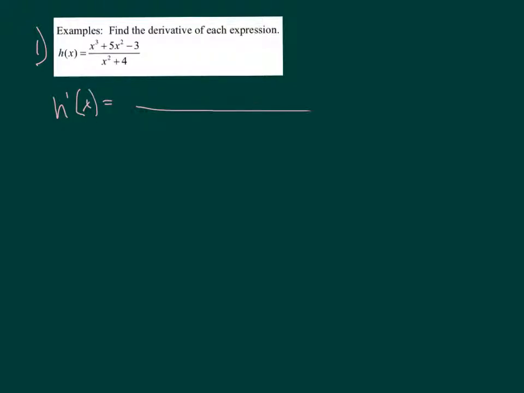All right, so now we're going to set up our fraction. And remember we said that the saying was low, so low here is x squared plus 4. D high, so that means we're taking the derivative of the numerator. So that would be 3x squared plus 10x. And then the minus 3, of course, the derivative of that is 0, so that's gone.